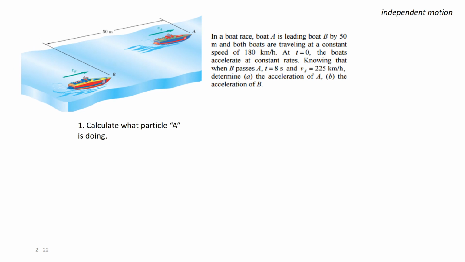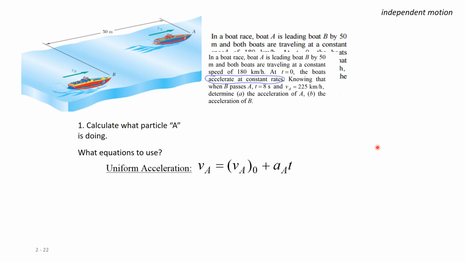So here we go. What is A doing? What information do we have? What equations can we use? Well, we start with a constant velocity and we accelerate at a constant rate. This is a constant acceleration problem. So that simplifies it. Let's get out our constant acceleration equations.